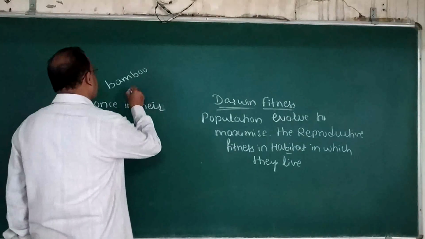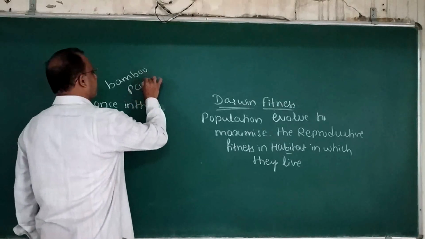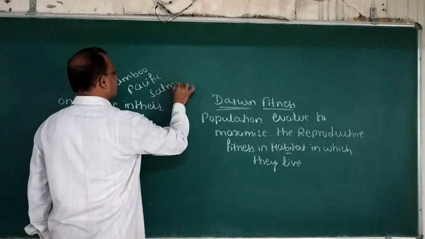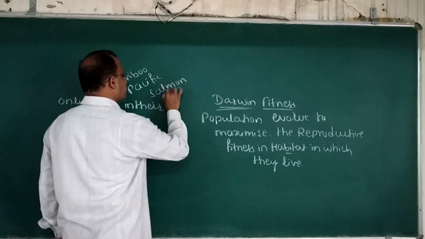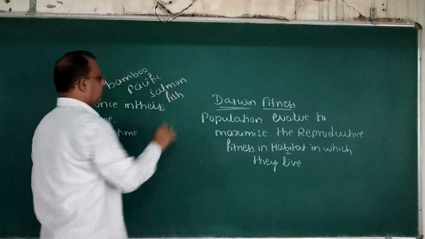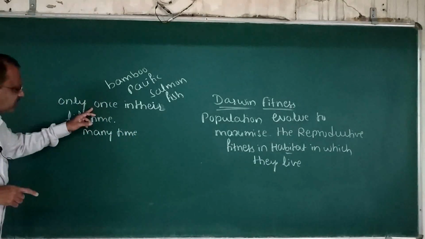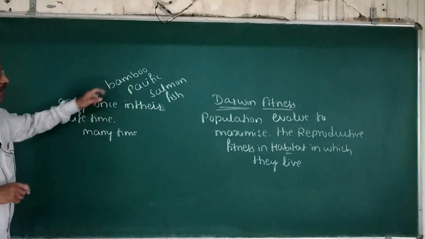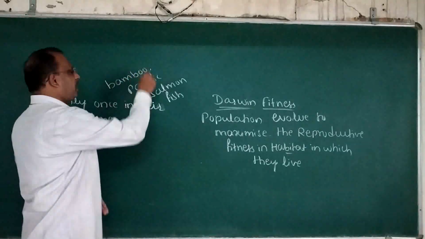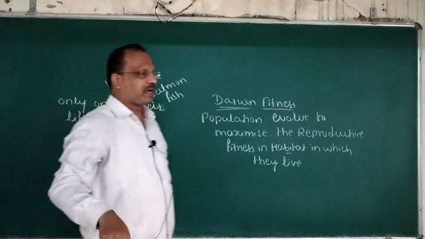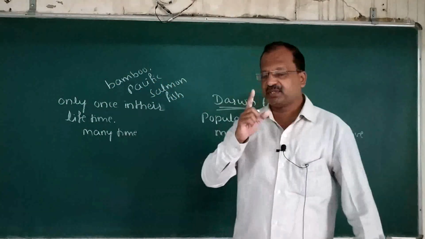Another related example is Pacific salmon fish. Look over here. Some organisms will breed only once in their lifetime. Examples are bamboo and Pacific salmon fish. Bamboo you have come across already in the first chapter.